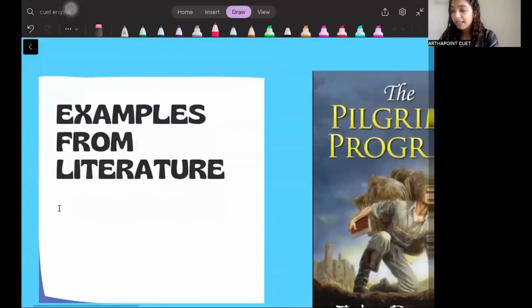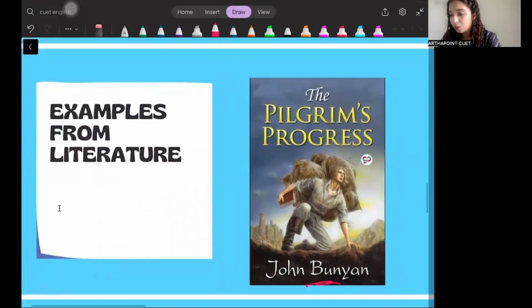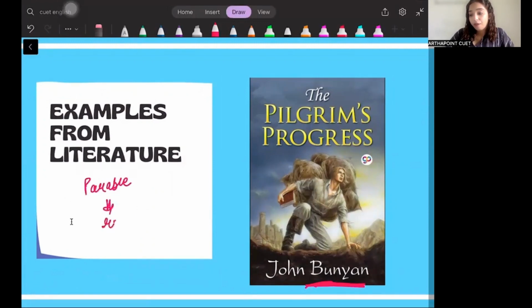Next example we have is that of The Pilgrim's Progress by John Bunyan. Now, this particular work was published in 1678. This is a parable. This is of a religious kind, and this is basically a Christian allegory, right?